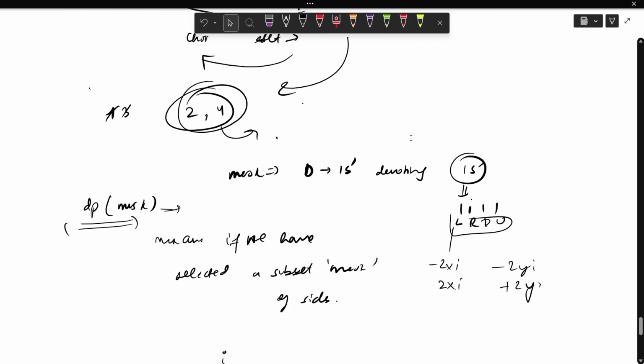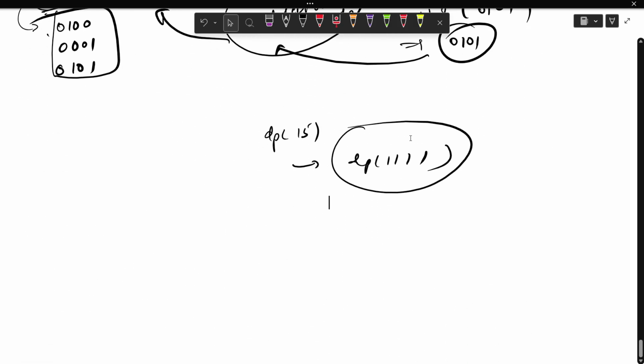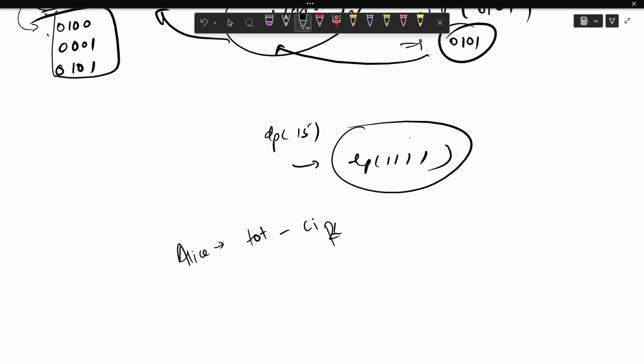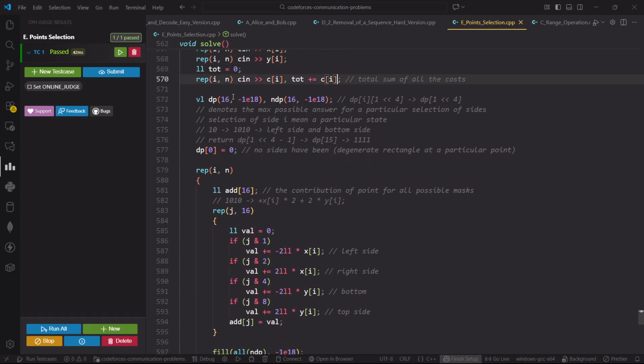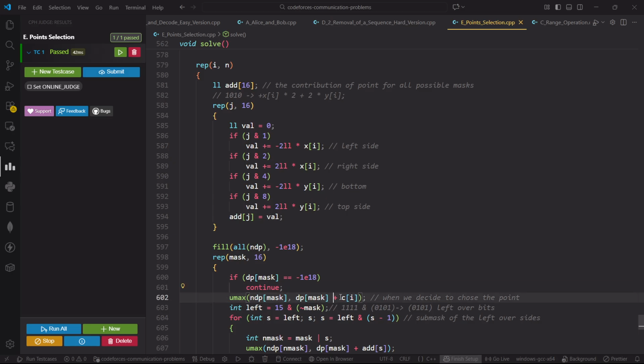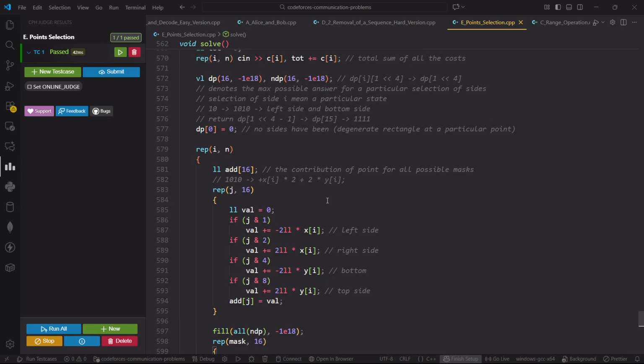It's just a way to calculate the contribution of Alice. So Alice basically contributes total minus C of i that belongs to the set of R. We can also do it by total minus the total set, but I just figured it would be easier just to include that in DP here, just as ci.